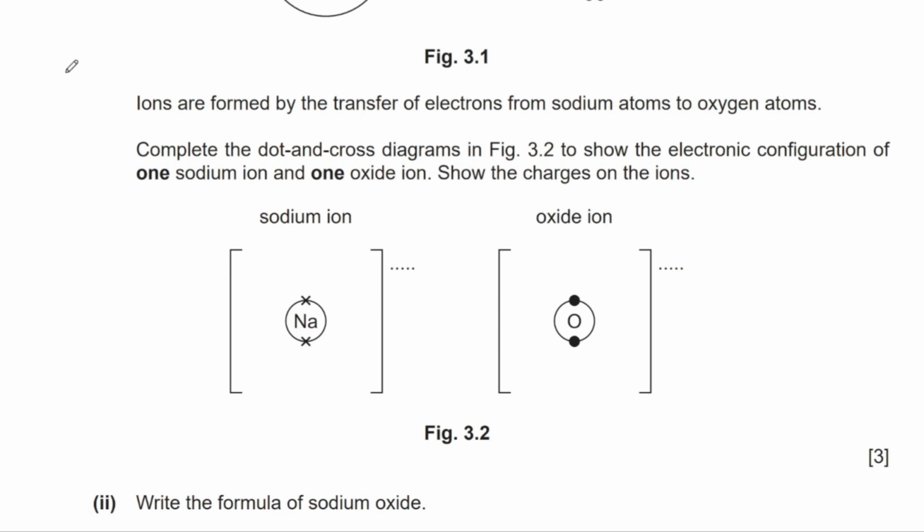So sodium loses its only electron in its outermost shell and gains the electronic configuration of group 8 atoms. Sodium has 11 electrons in total, and after it loses one electron it forms a sodium ion with only 10 electrons, but the electronic configuration similar to group 8 atoms. So we'll have this.